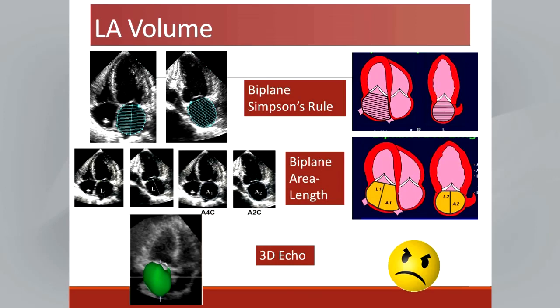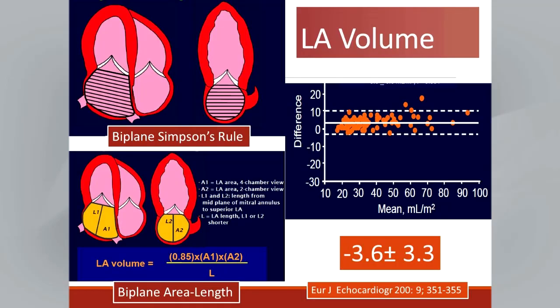Before I give the normal values, it's important to know that if you calculate the LA volumes with the biplane Simpson's or the area-length method, you don't get the same result. These two methods differ by almost 3.6 mL.